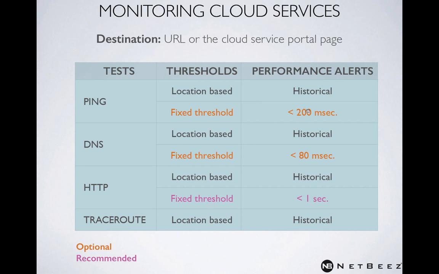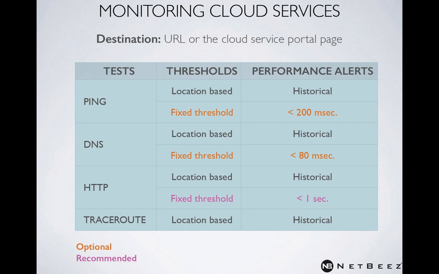So here, for example, we give recommendations for how an SLA type of alert would look: 200 milliseconds for latency, 80 milliseconds for DNS, and 1 second for the HTTP response. And then baselines, again, can be tuned according to how aggressive you want to be in terms of user experience, and you get notified when something goes wrong.